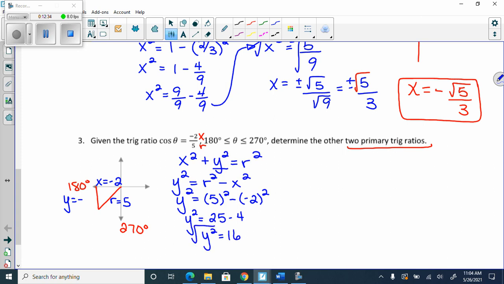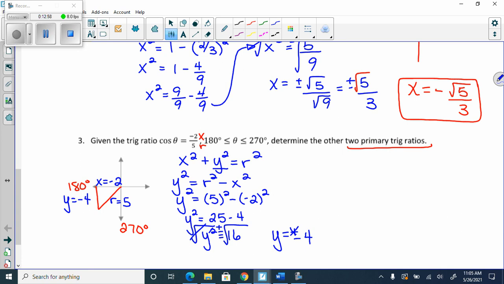Square root, and what must I remember? Plus or minus. Whenever I take the square root myself, I have to have a plus or minus sign. So I'm going to get y equals plus or minus 4, but because I drew it, I know that it's negative 4. Anything in quadrant 3, x and y are both negative. So it's not the positive.